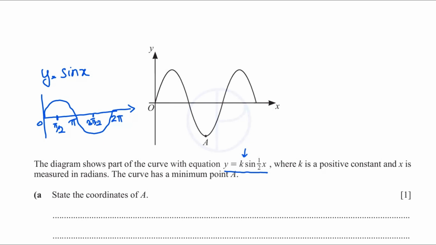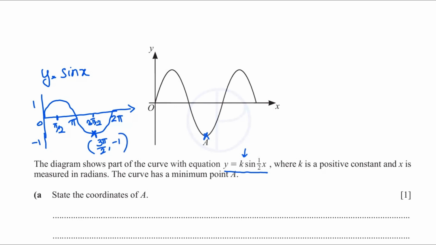Okay, so we need to find this coordinate here, and we know this is 1 and negative 1. So what is the coordinate at this point? 3 pi divided by 2 comma negative 1.